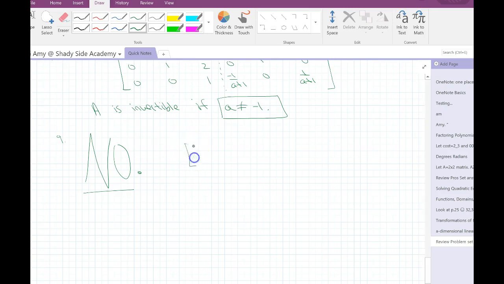If I have 1, 0, 0, 1 times 1, 0, 0, 1, these are inarguably two symmetric matrices, I get the symmetric matrix 1, 0, 0, 1. Okay.